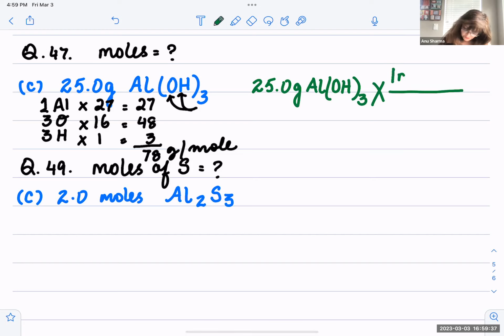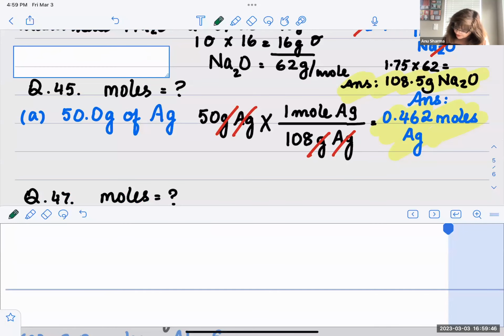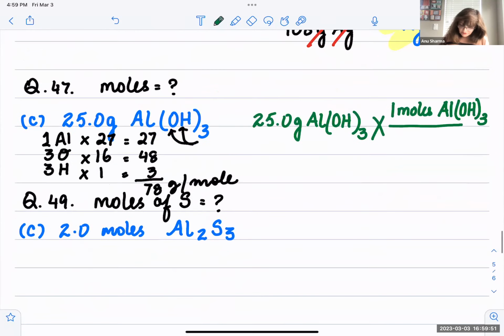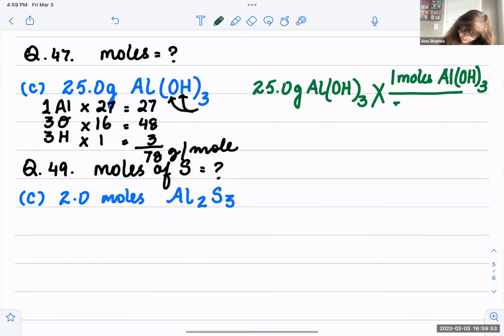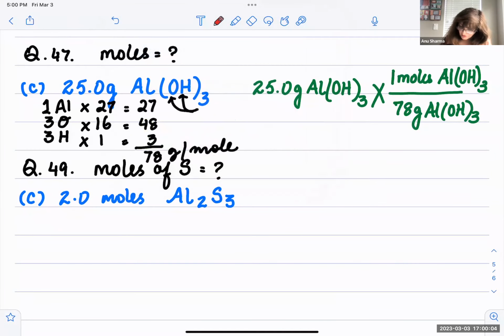So moles go in the numerator, moles of Al(OH)3 over the molar mass of aluminum hydroxide, which is 78 grams of Al(OH)3. Okay, so by doing that, the grams of aluminum hydroxide cancel out. We're just left with the moles.